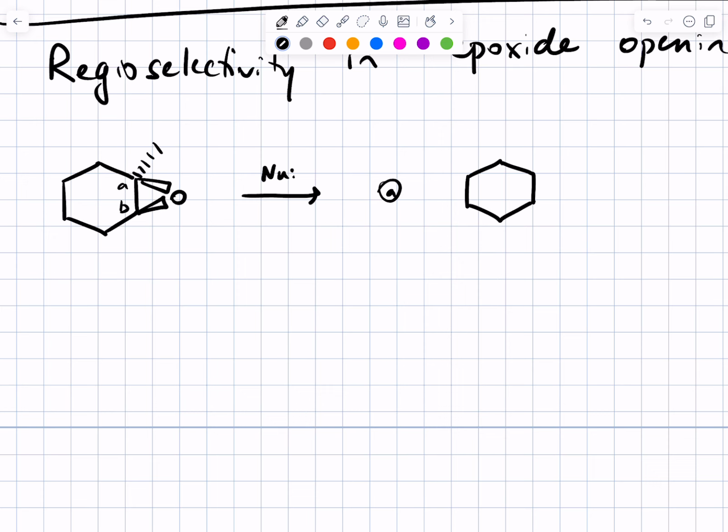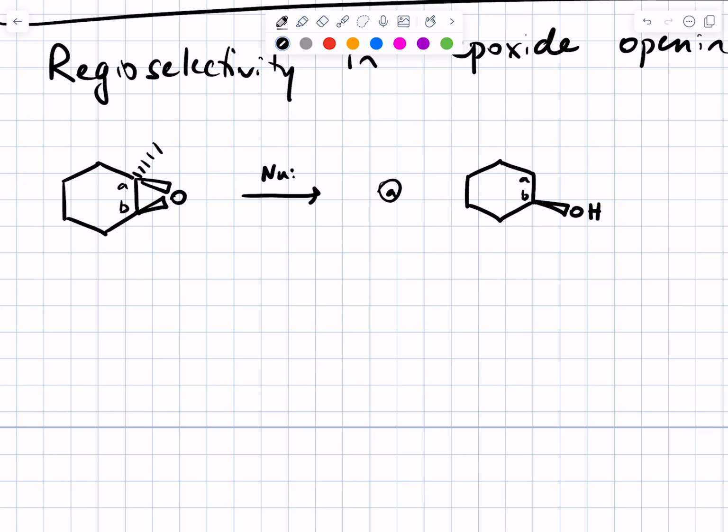And if that were the case, then the nucleophile is going to come in opposite. If we attacked at A, the nucleophile is going to come in opposite the leaving group. The new bond will be between the nucleophile and carbon A. The leaving group will have left, and stereochemistry at carbon B doesn't change.